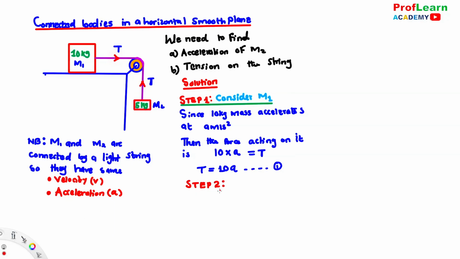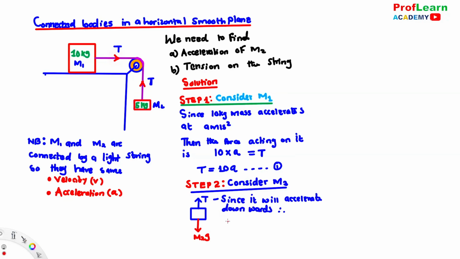Now, the second step, we're going to consider the second mass, M2. Our M2 here is going to be acted upon by two forces. The weight will be pulling down, and the tension will be acting upward. So we can work out the resultant force because there are two forces acting and the body will be moving downward.